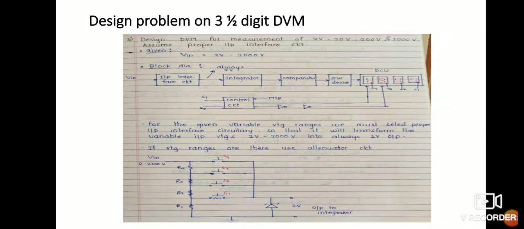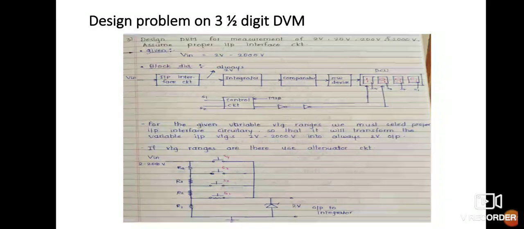And then the counting and display circuit is shown. Instead of drawing that big diagram, we can replace it by a small block diagram that I already told in the last lecture, which will display the maximum value 1999. The control circuit shown here will provide two control signals, latch enable as well as the reset signal.